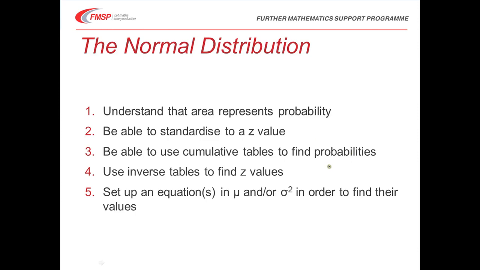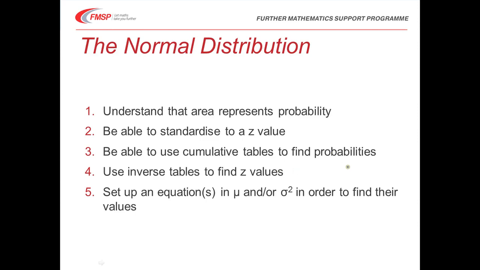As I've just said, you need to then be able to use cumulative tables to find probabilities and understand the difficulties that they have, in so much that, for instance, there are no negative z values. Also, you need to be able to use the inverse tables, which are generally called probability point tables or percentage point tables, to find the value of z. So effectively we're going backwards.